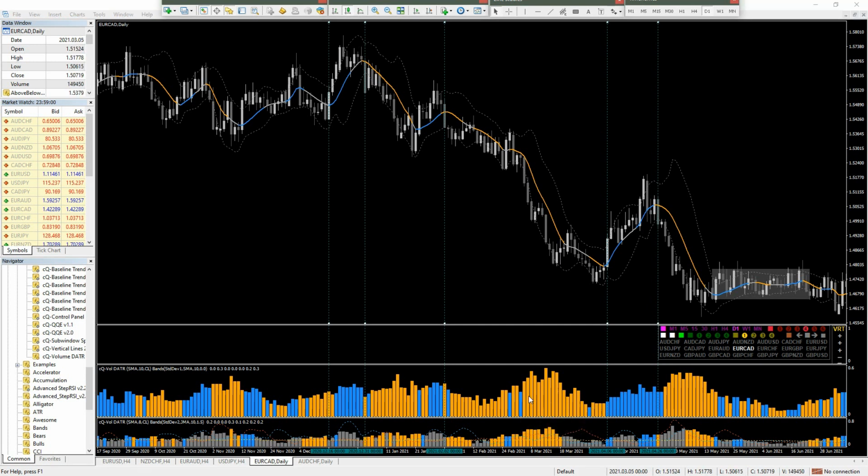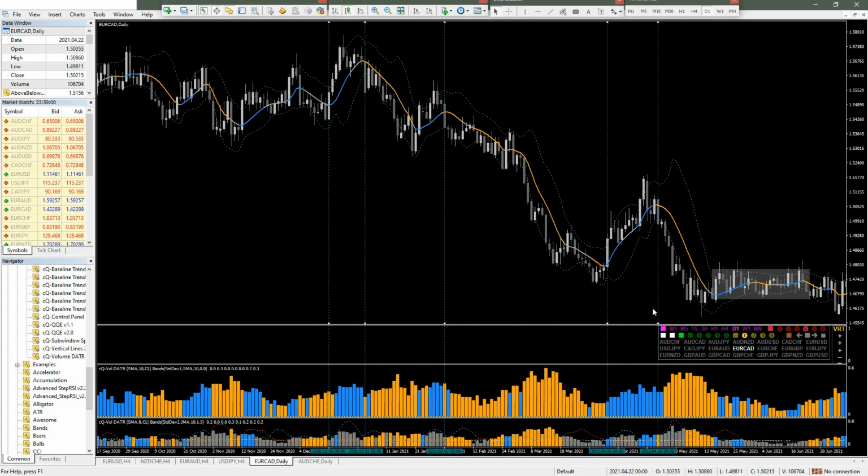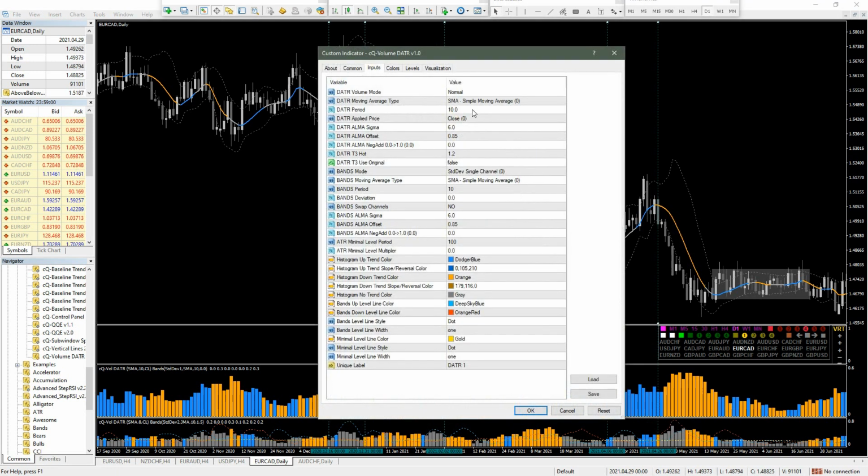The next thing you do is set the deviation to 0 and the minimum level multiplier to 0. I'm just going to use a 10 SMA for both the DATR moving average type and the bands moving average type. So that's what you try to do. For example, this is a downtrend. We're going to try and scoot this over a little, so we'll shorten this.